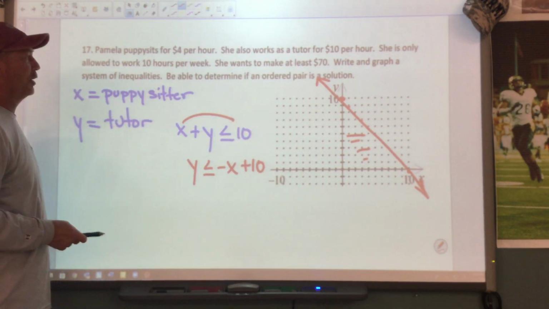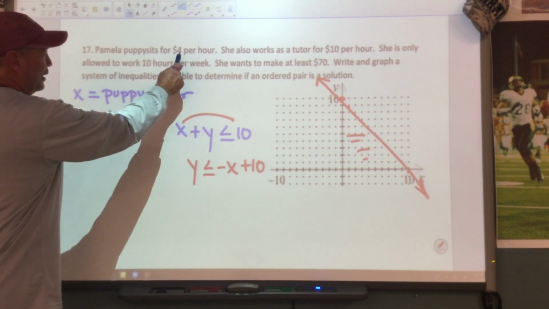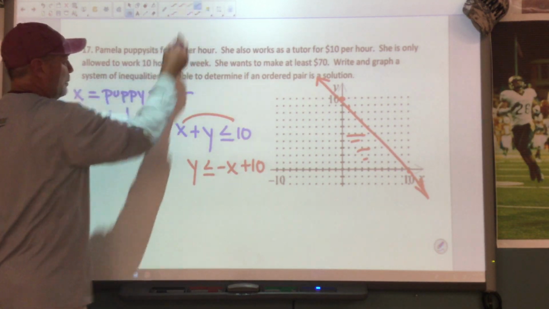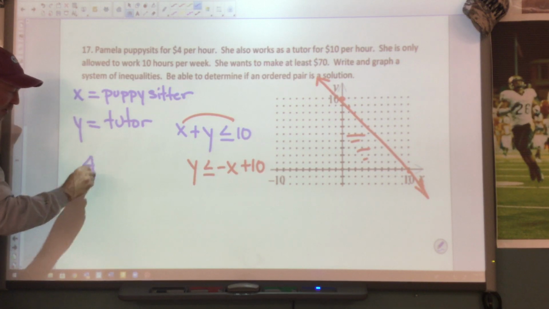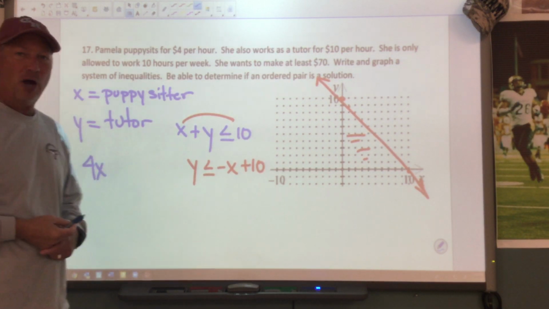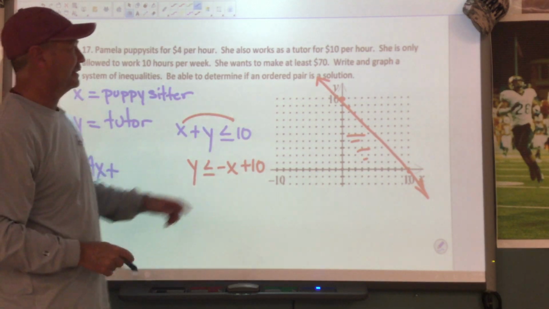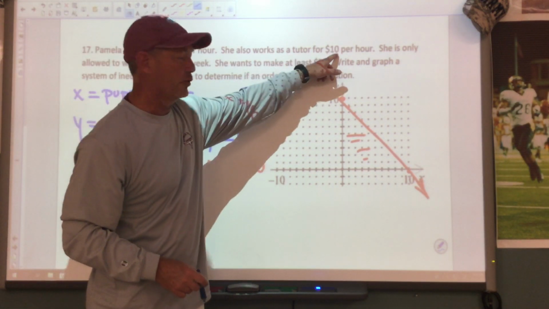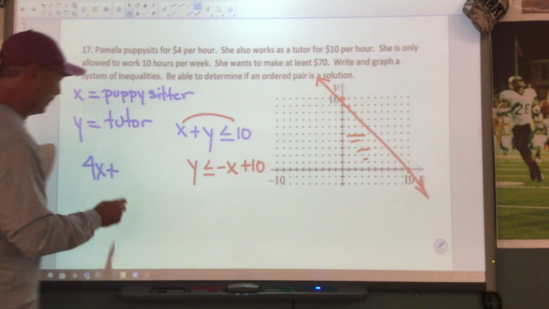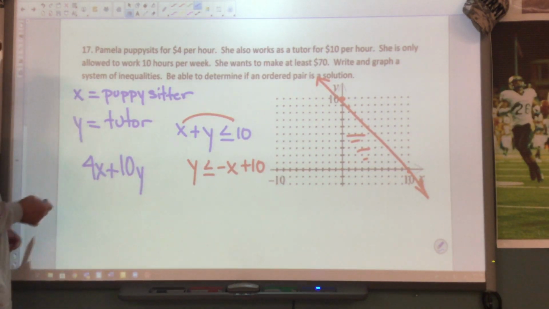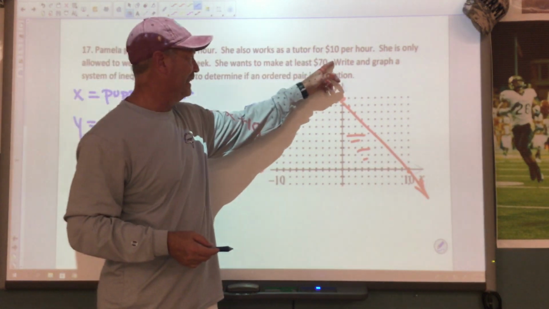The next inequality says she gets $4 per hour. So for every hour that she puppy sits, $4. Plus, she gets $10 for every hour that she tutors. And she wants to make at least $70.